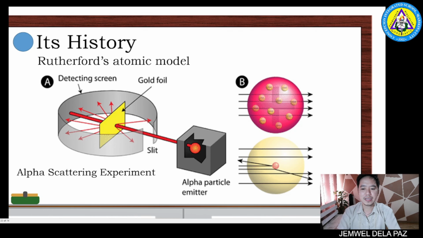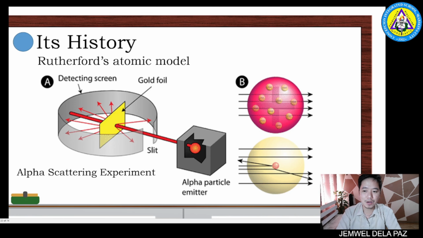On letter A, you can see that the thin gold foil is placed before the alpha particle emitter. This alpha particle emitter emits a number of alpha particles to hit the gold foil.